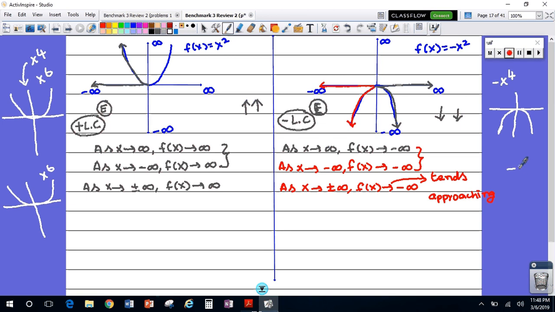If it is negative x to the 6th power, then it is still flatter. It goes like this. Okay. So these are the properties for a positive leading coefficient with even exponent and a negative leading coefficient with even exponent.